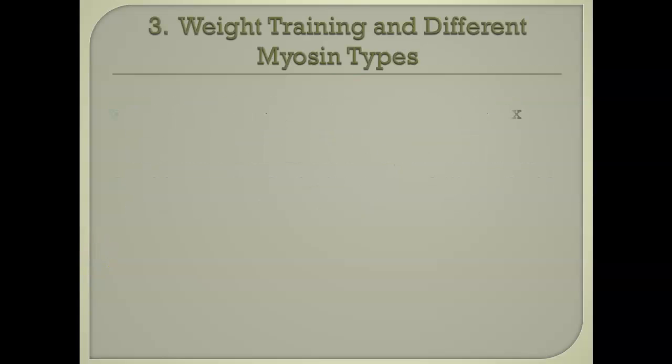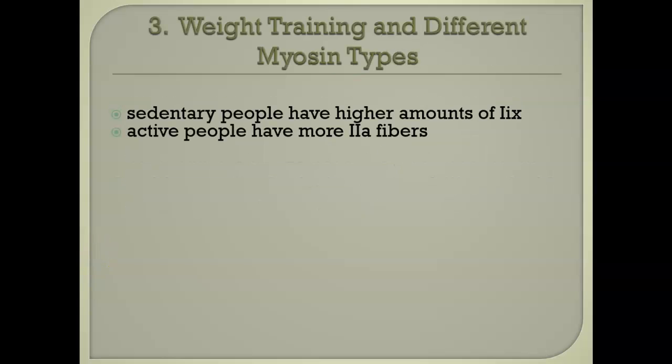They've worked on that. They've noticed that people who sit around have more of the 2X. When you think 2X, think caveman. More of the 2X than the 2A. So you sit around, you don't really use the muscle, but if you had to for one brief moment, it's there. And then it gets fatigued pretty quick.